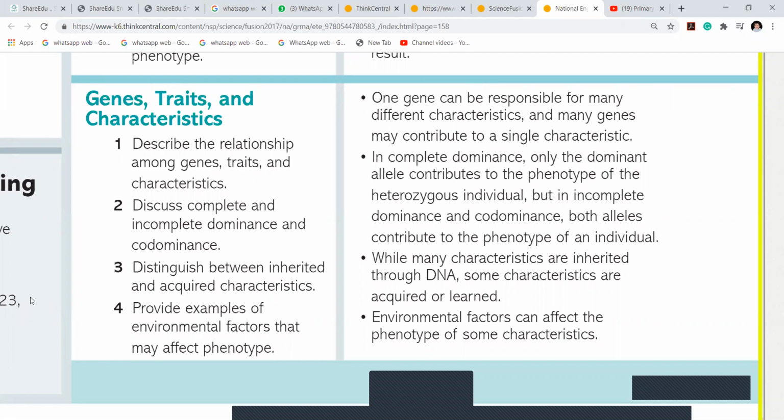Characteristics. Yes. Come on, Vatin. One gene can be responsible for many different characteristics, and many genes may contribute to a single characteristic.